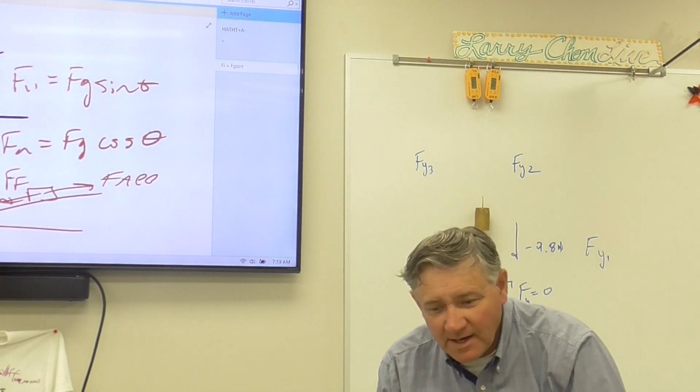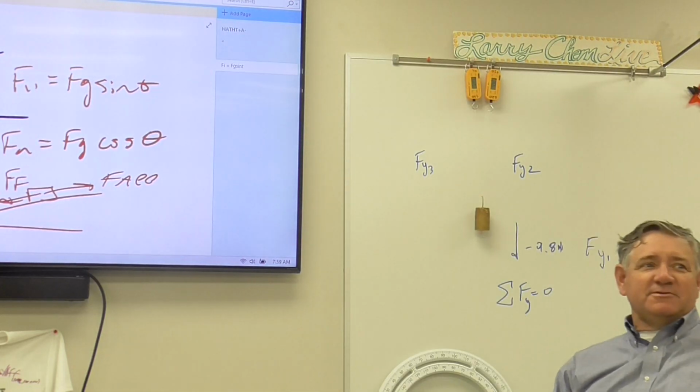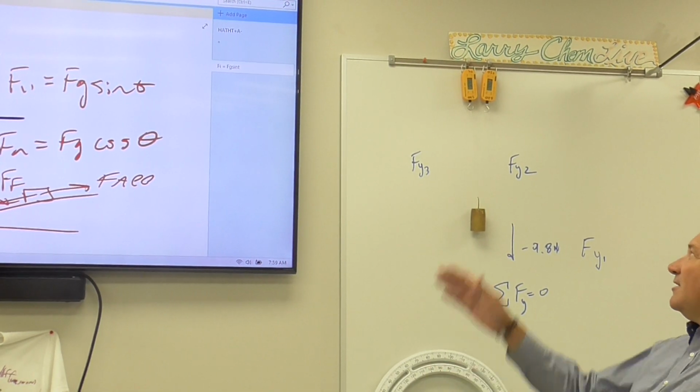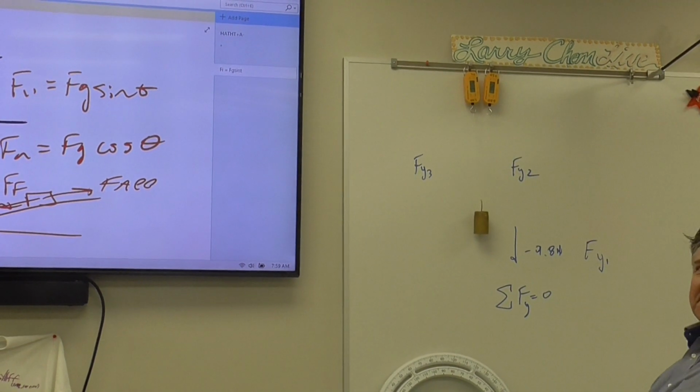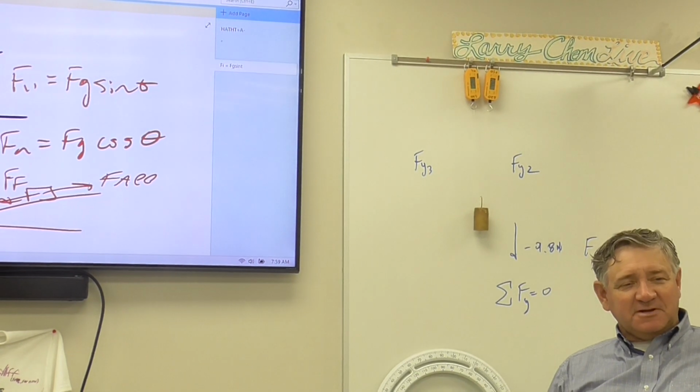Okay. Now, let's revisit this question, Stanley, based upon your experience right there. I'm going to increase the angle between those scales. What do you think is going to happen to the reading on the scales?